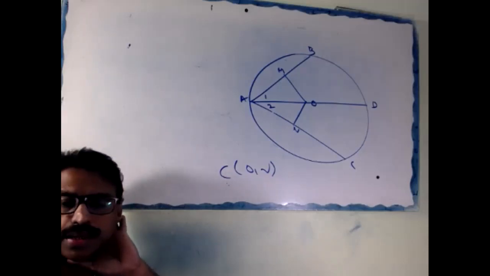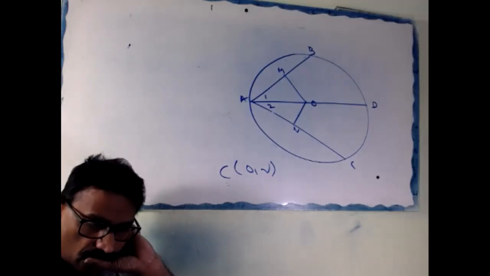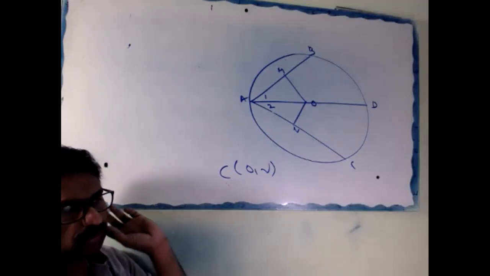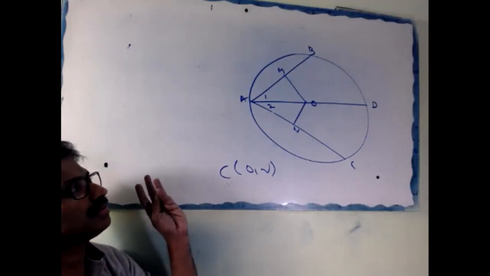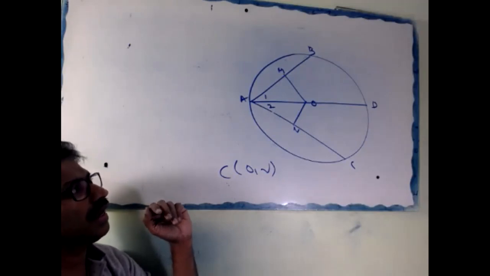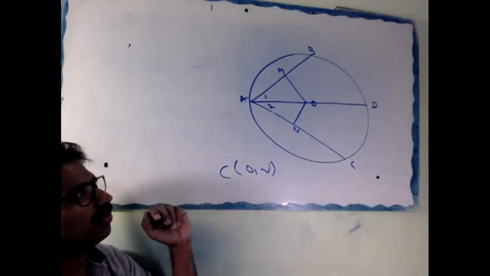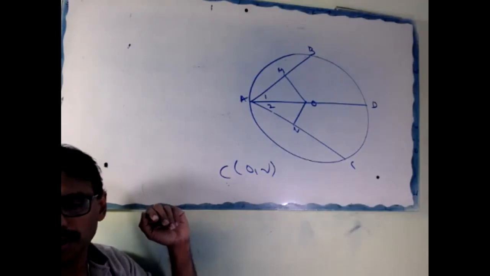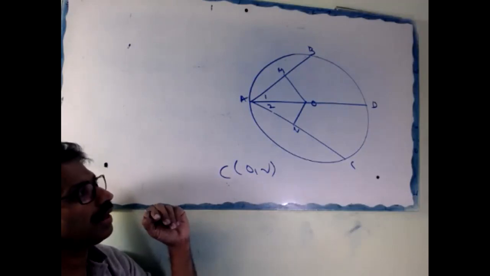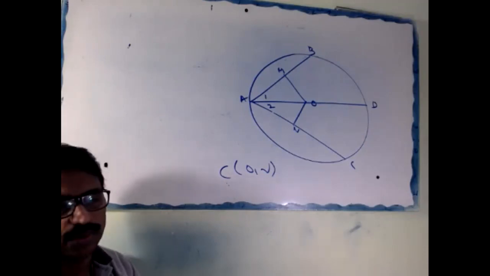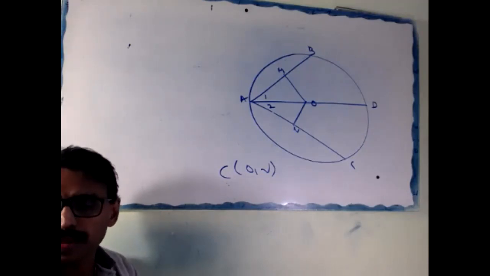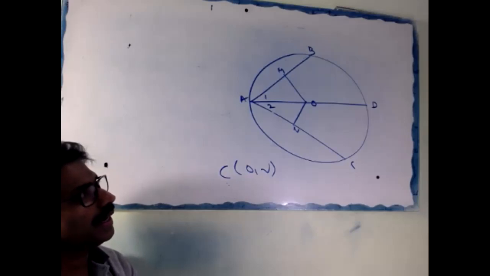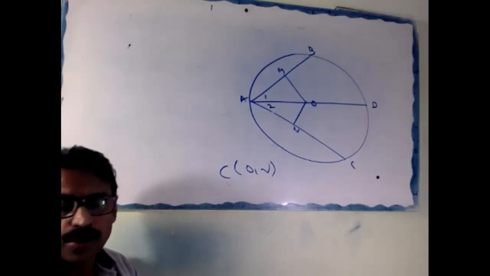OA equal to OA, common. Therefore, triangle AMO is congruent to triangle ANO by AAS congruency.